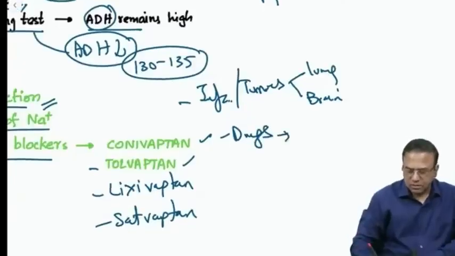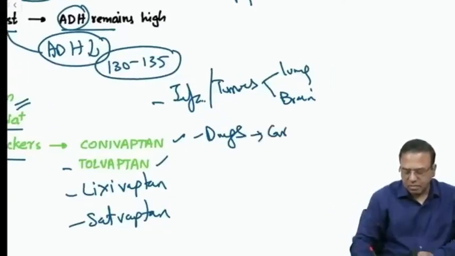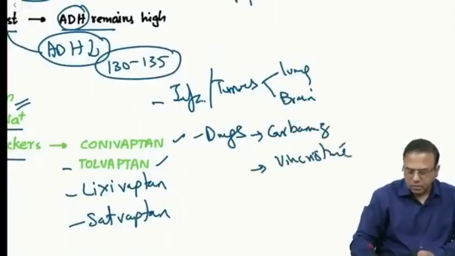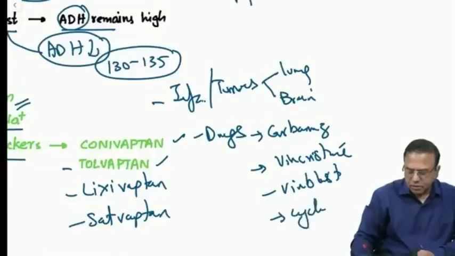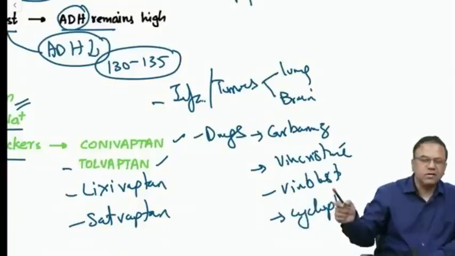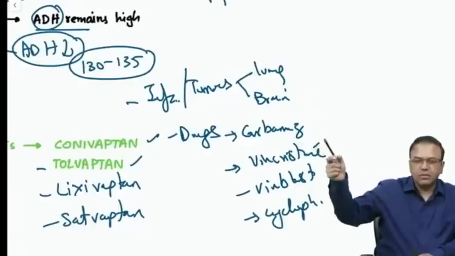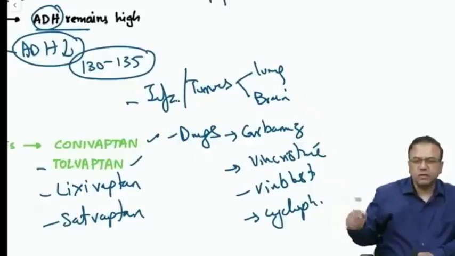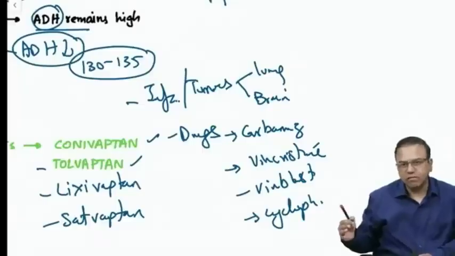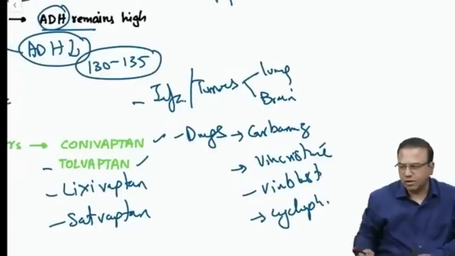Among these drugs, the anti-epileptic drug carbamazepine is important. Then in chemo you should know about vincristine, vinblastine and cyclophosphamide. So tumors, infections of lung and brain, then carbamazepine, vincristine, vinblastine, cyclophosphamide are the main things associated with causing SIADH. You need to find that and correct it.